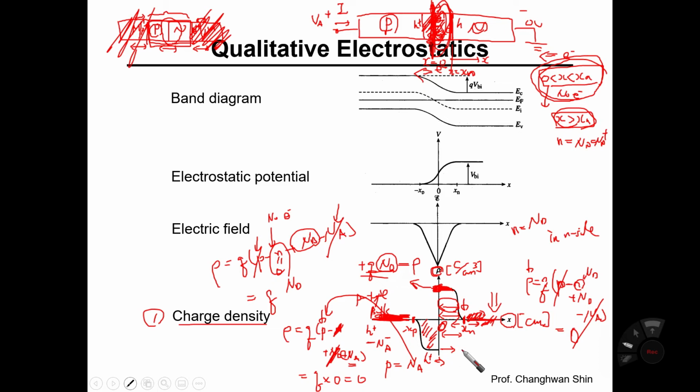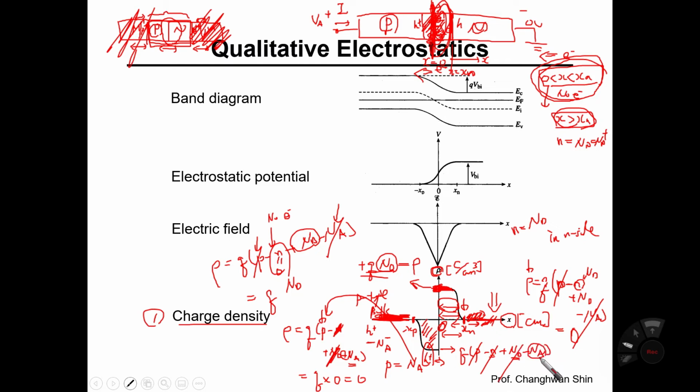Here the charge density is Q times p minus n plus Nd minus Na, but there are no holes, since all the holes are depleted out, and no electrons. This is the P side, so not many electrons are left behind, and no donors, since it is the P side.